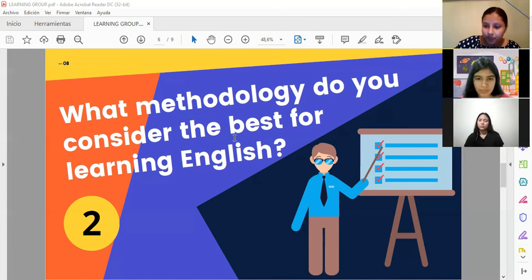Damaris Carriel, what do you think? Well, thank you, Kerly. I think the best option for this methodology is CLT. What is the meaning of CLT? CLT is Communicative Language Teaching, and it is the main pedagogical principle.